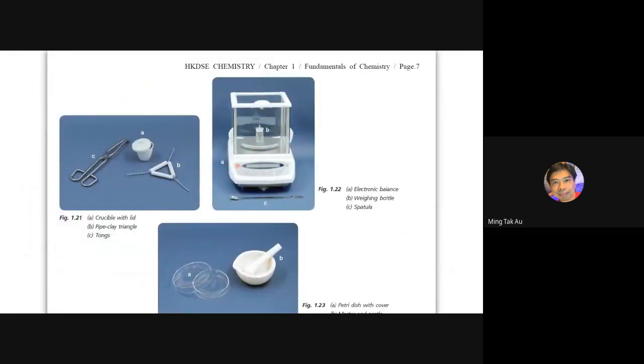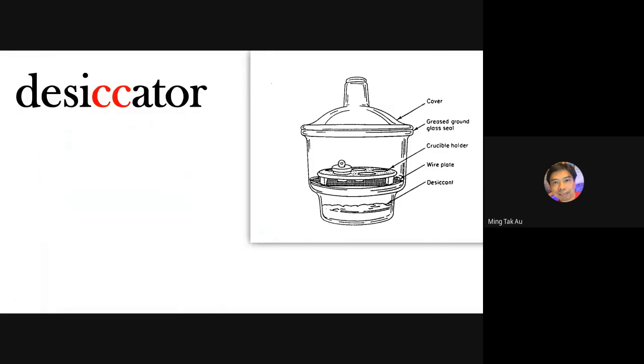Now I give you one more, that is the desiccator. A desiccator in our laboratory is just like a dry box which can keep the chemical.